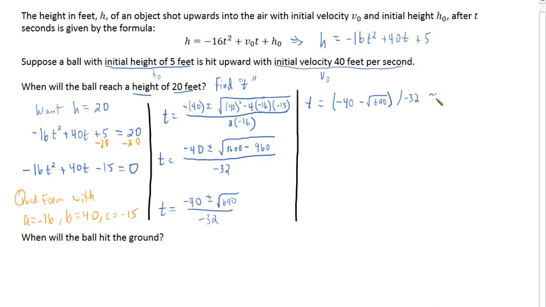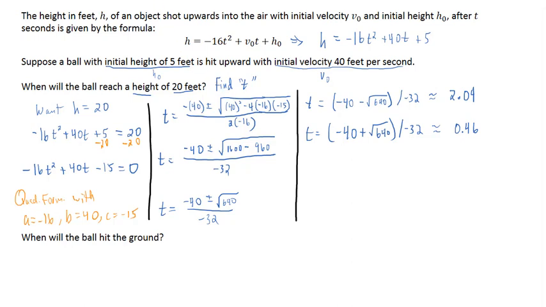I punch that into the calculator and let it approximate that for me, and to 2 decimal places, I get 2.04. And then I find the other solution. T is equal to parentheses negative 40 plus the square root of 640, divided by negative 32. And I let the calculator approximate that, and I get to 2 decimal places 0.46.